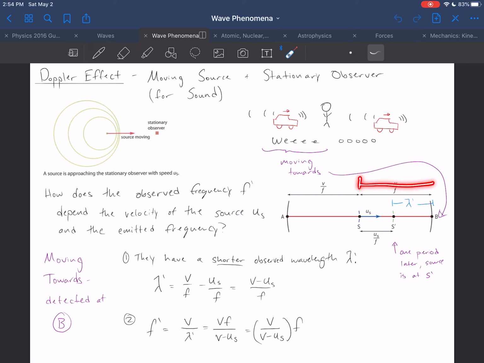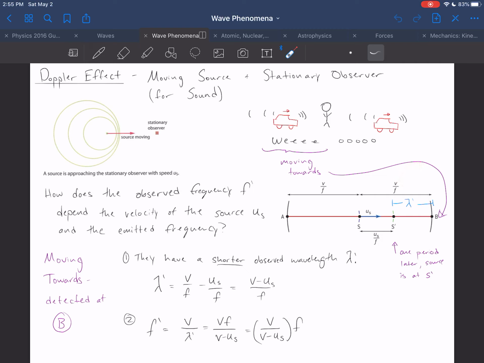That first distance right here, that's the original wavelength, and that's equal to v, the velocity of the wave in the medium, that's how fast the wave moves, divided by the frequency. And notice that is just using the standard v equals lambda f relationship. That's for the wave in the medium, and this v right here is not the velocity of the source.